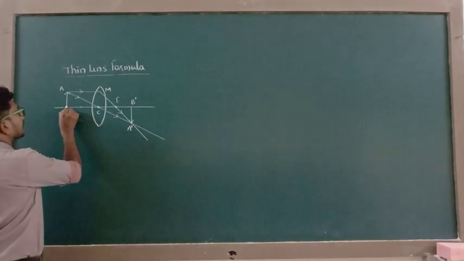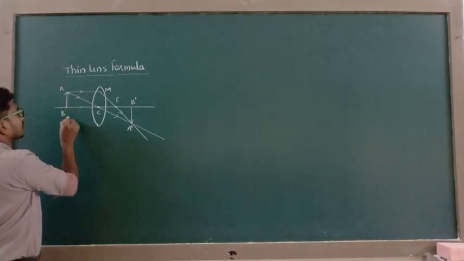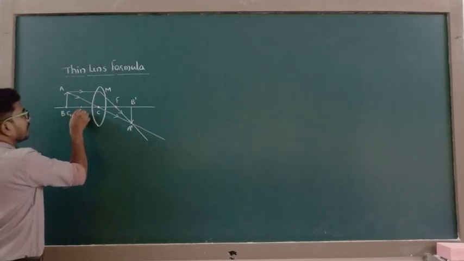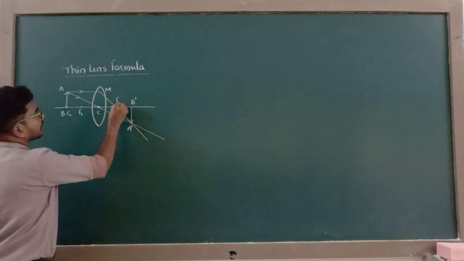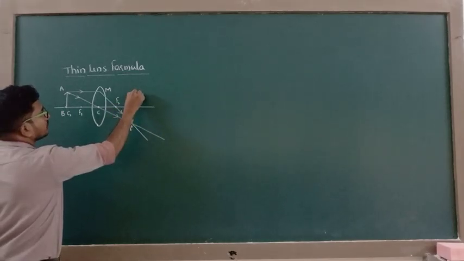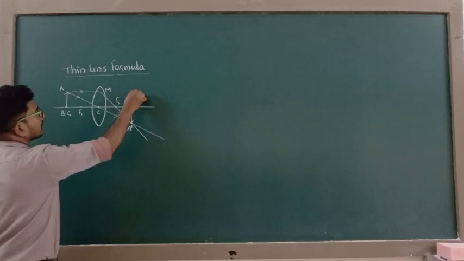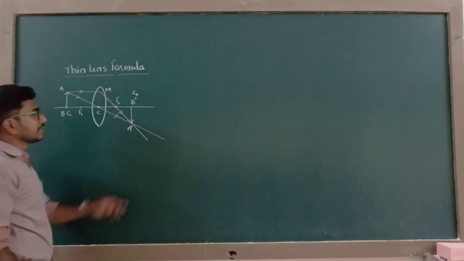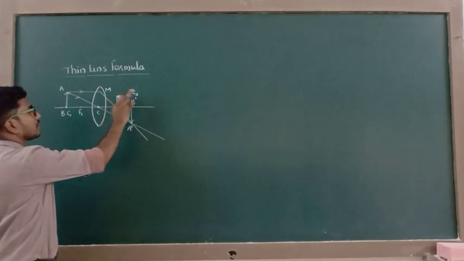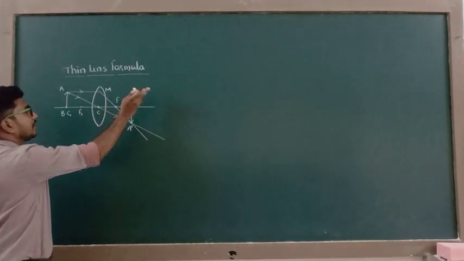Let us say this point is the first center of curvature, the primary principal focus, the secondary principal focus, and C2, the second center of curvature. In general, we are going to represent principal focus and center of curvature.